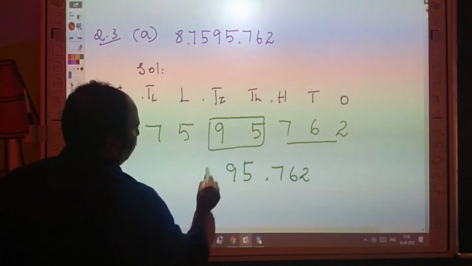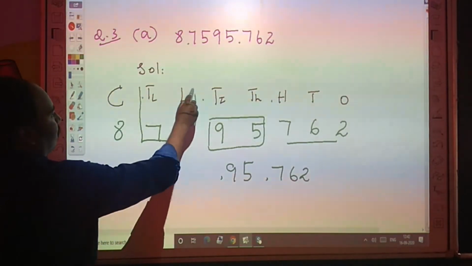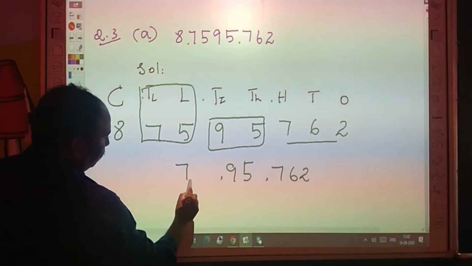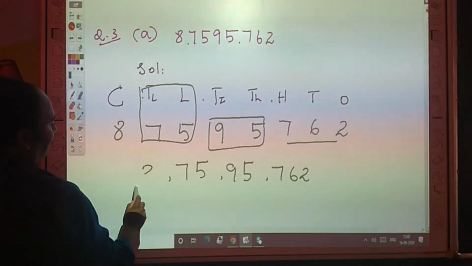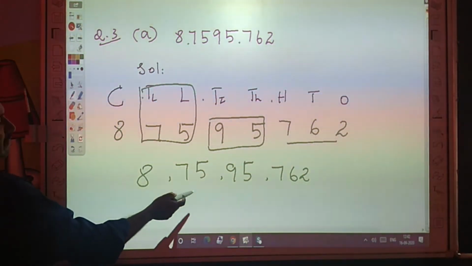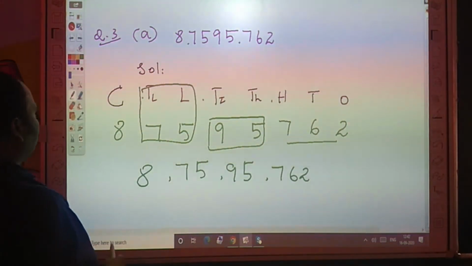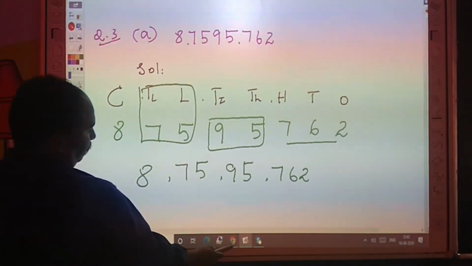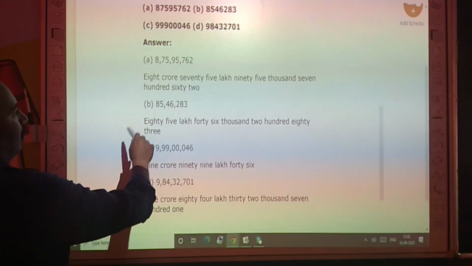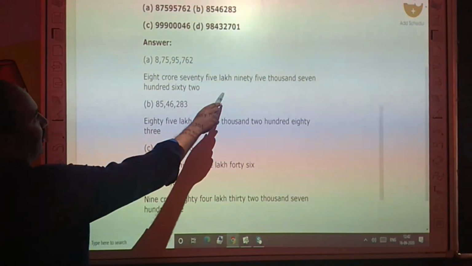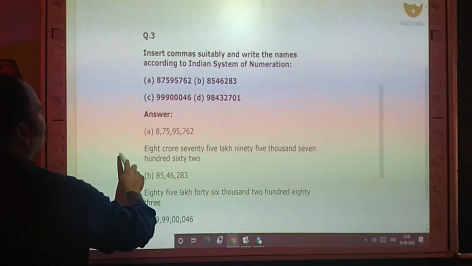Then the 10 lakhs place, and the remaining 8. So 8 crore 75 lakh 95,762.